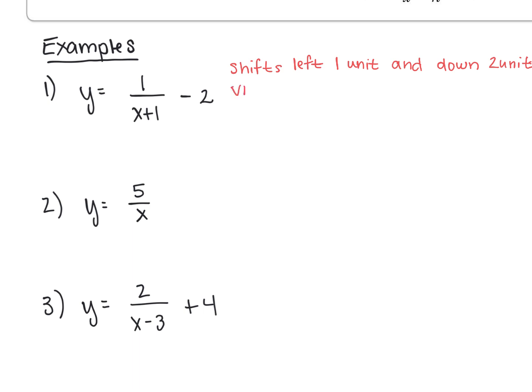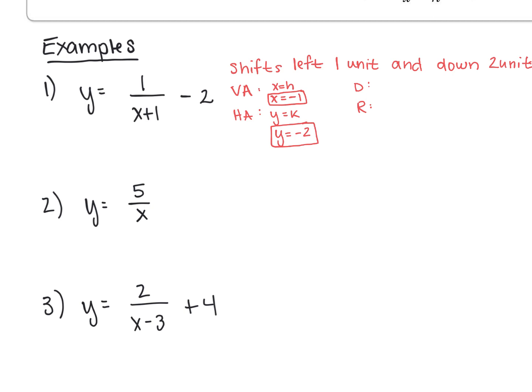Now, let's talk about the vertical asymptote, the horizontal asymptote, the domain, and range. The vertical asymptote is always going to be at x equals h. And so in this instance, h is equal to -1. The horizontal asymptote is always going to be y is equal to k. So in this case, y is equal to -2.